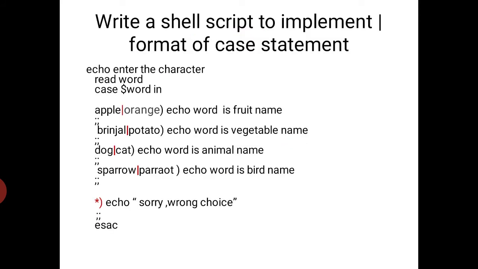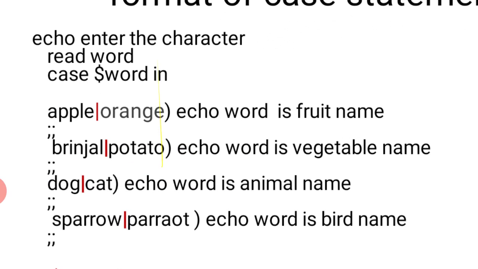Its example: here we have used again a program, echo enter the character. We read the character into a variable word, case $word. Student, you need to take care here: whenever we use any variable, always precede the variable name with the dollar sign. So if the word you entered is apple or orange, the statement that will be executed is echo word is a fruit name.